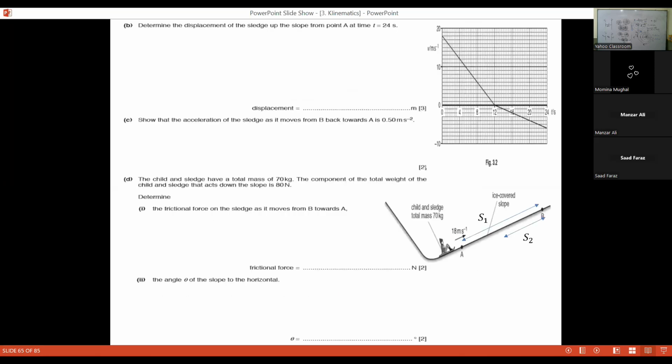Now they ask us, what is the displacement in 24 seconds? The larger triangle will give you S1 and the smaller triangle will give you S2, how much you have returned. And the displacement will be S1 minus S2.